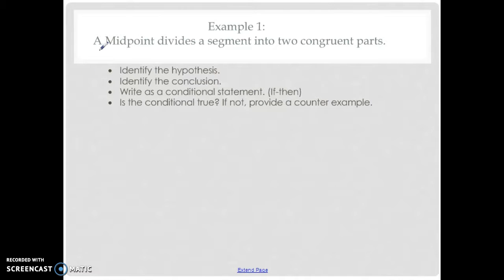So a midpoint divides a segment into two congruent parts. First, let's identify the hypothesis. The hypothesis is a point is a midpoint. The conclusion: splits a segment into two congruent parts.